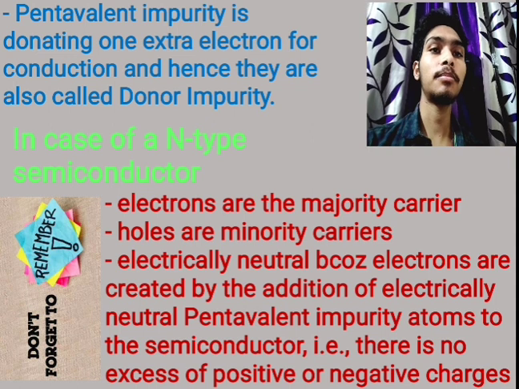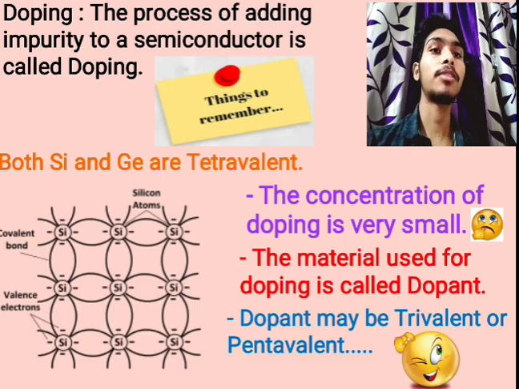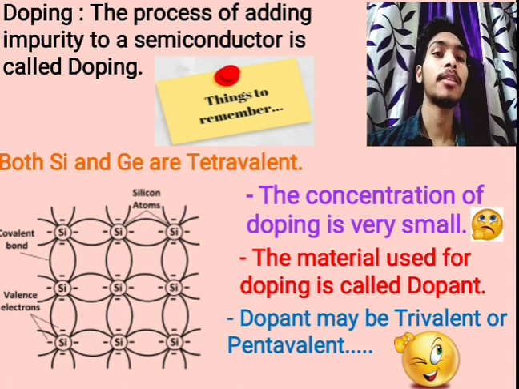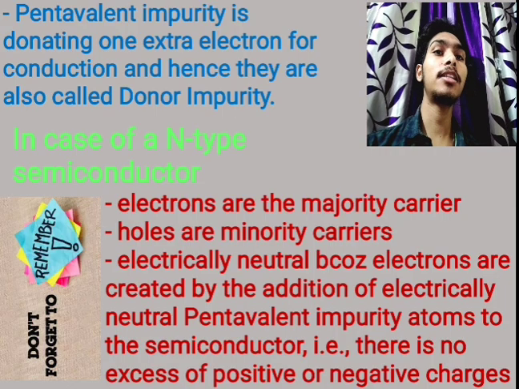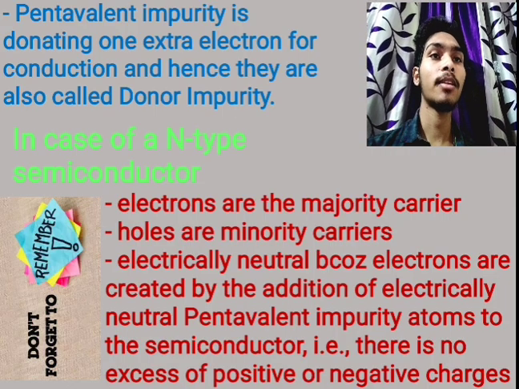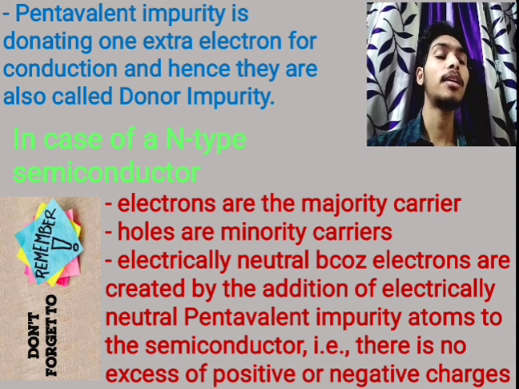Let's move to the previous slide and look at this diagram. Silicon has 4 valence electrons. If we add a pentavalent impurity, say phosphorus, it has 5 valence electrons. Phosphorus bonds with 4 neighboring silicon atoms, but one extra electron remains. In this definition we are talking about that extra electron. So pentavalent impurity is donating one extra electron for conduction and hence they are called donor impurity.